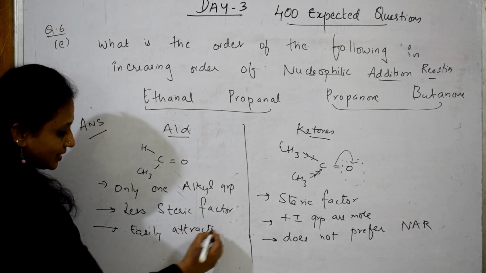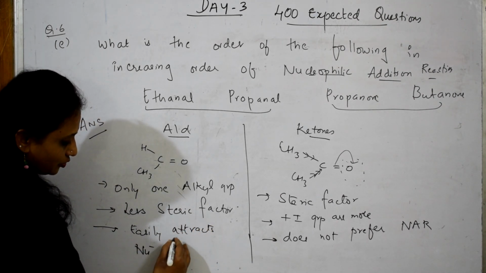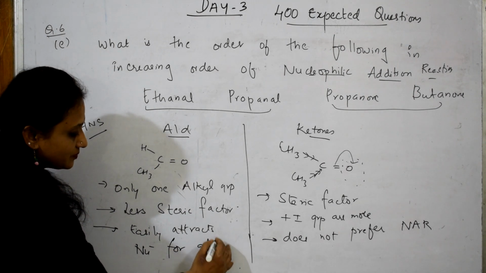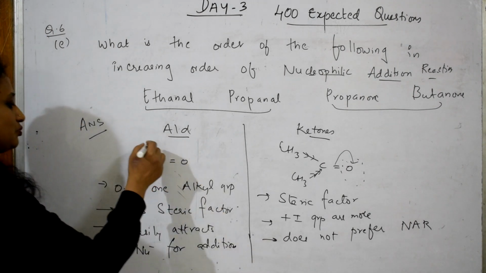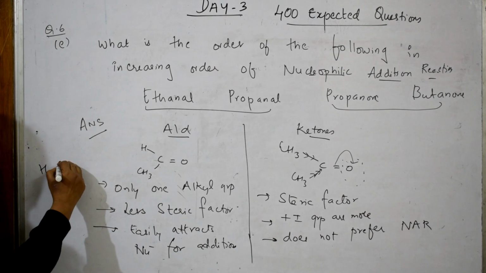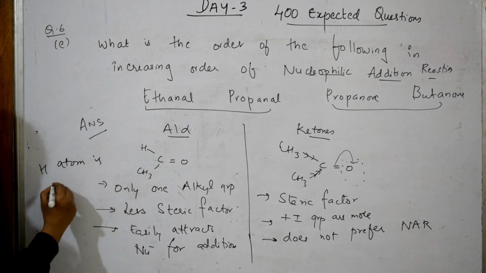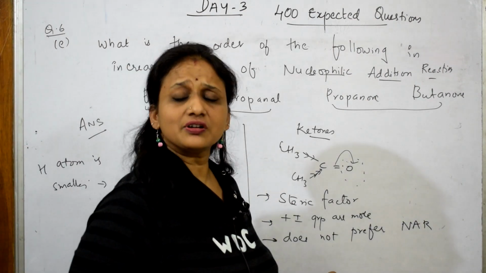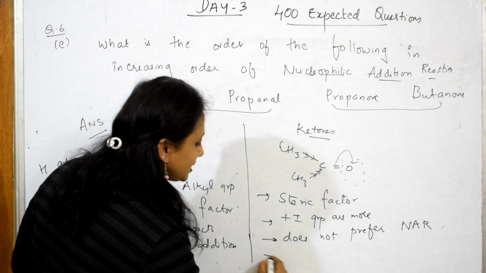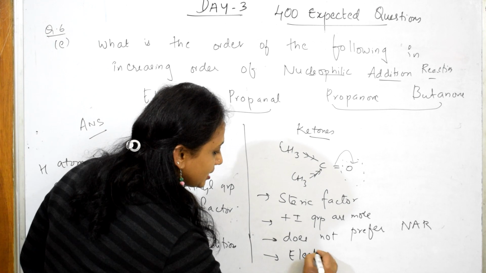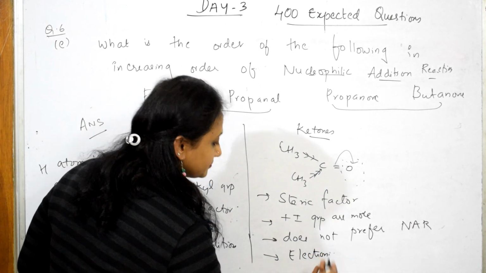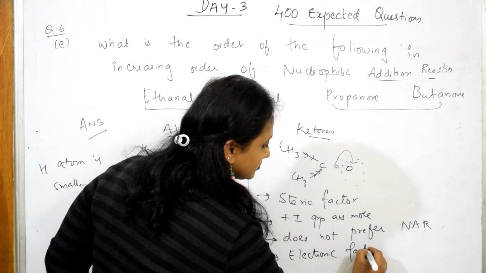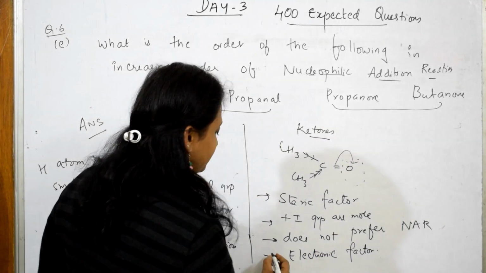Hydrogen easily attracts nucleophile for addition. And one more case here is hydrogen atom is smaller. That's all. Simple. So here you can write electronic factor also works if you want to write electronic factor. Due to electronic factor.